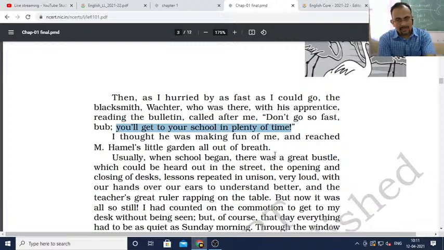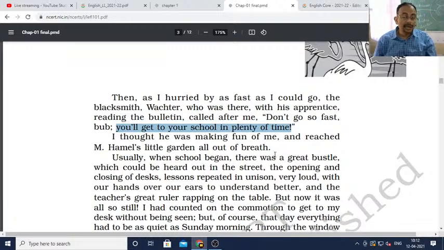It's a metaphorical statement. Actually, now after seeing this, when Franz was hurrying as fast as he could to the school because he was already late, the blacksmith, whose name is Watcher, who was also reading the bulletin, addressed Franz and said, "No need to go very fast. You shall have plenty of time to reach school."